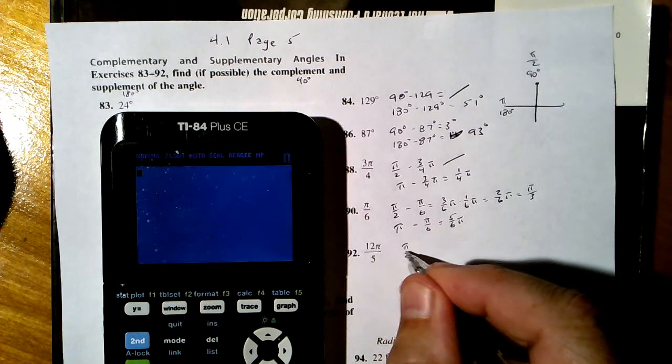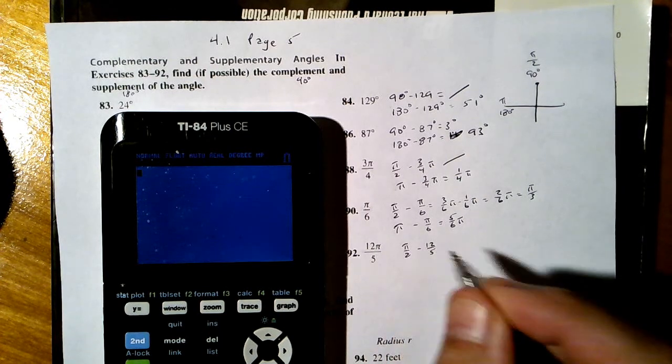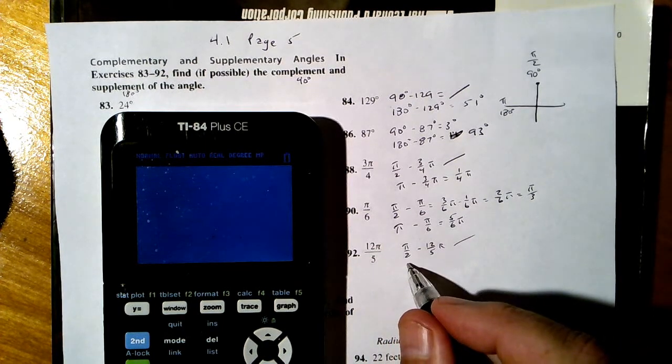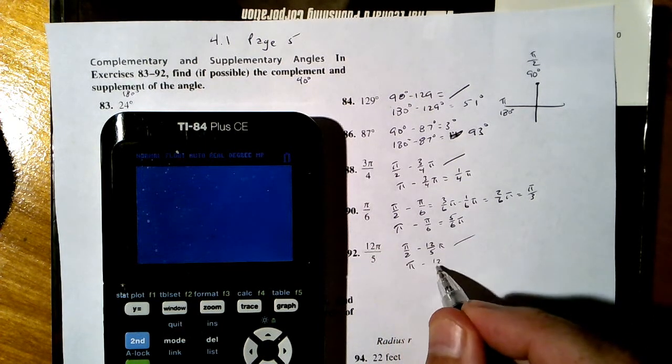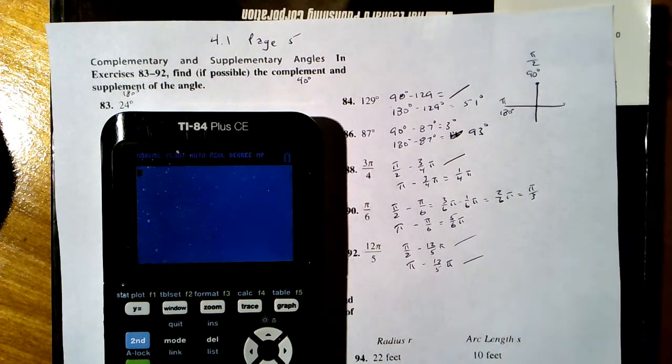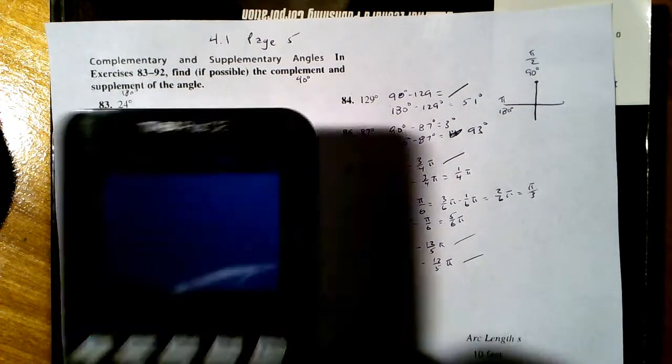Then 12/5, pi on 2 minus 12/5 pi, can't do it, and pi minus 12/5 pi, that's 5/5 minus 12/5, doesn't have a supplement either. So pretty quick section for us.